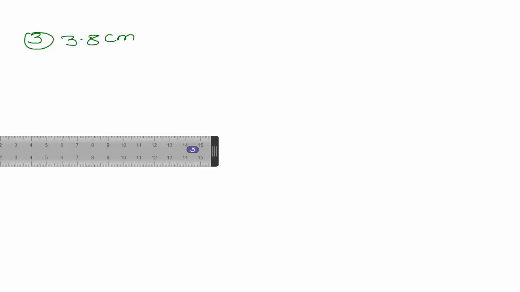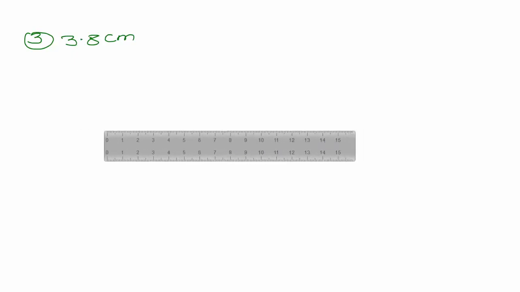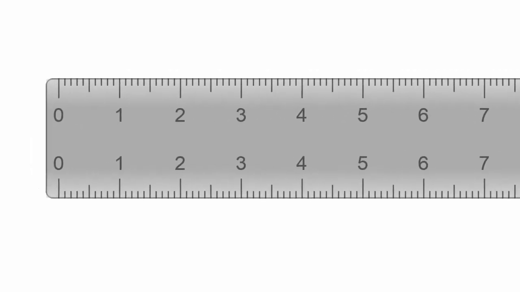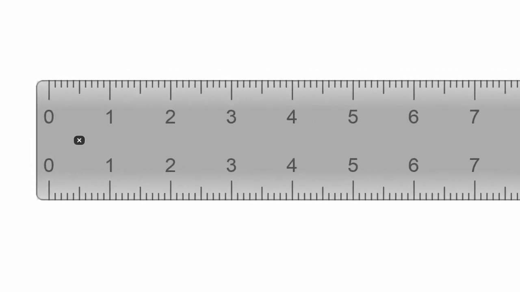3.8 centimeter. Here we have to draw the line segment of length 3.8 centimeter. With the help of a ruler, we can draw 3.8 centimeter. See here, here is the 0.